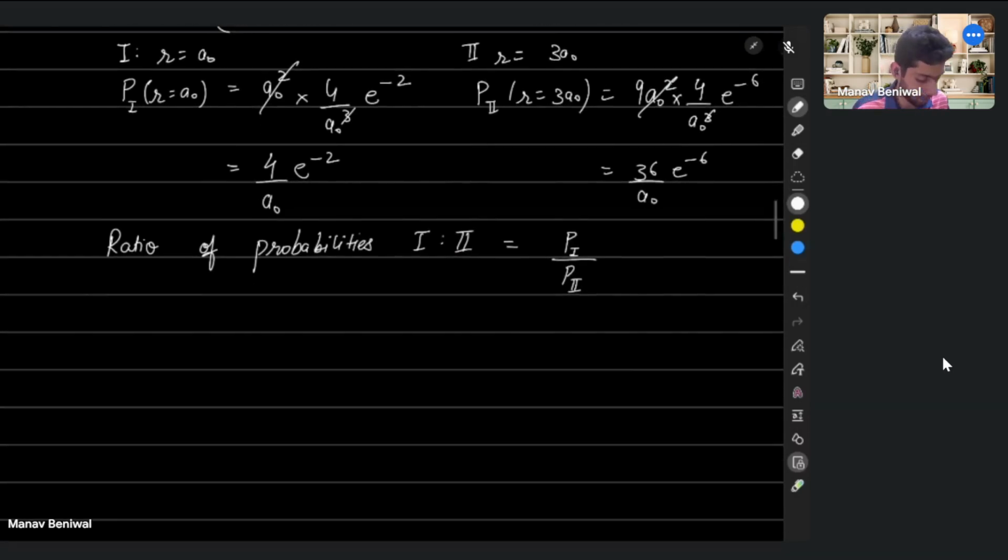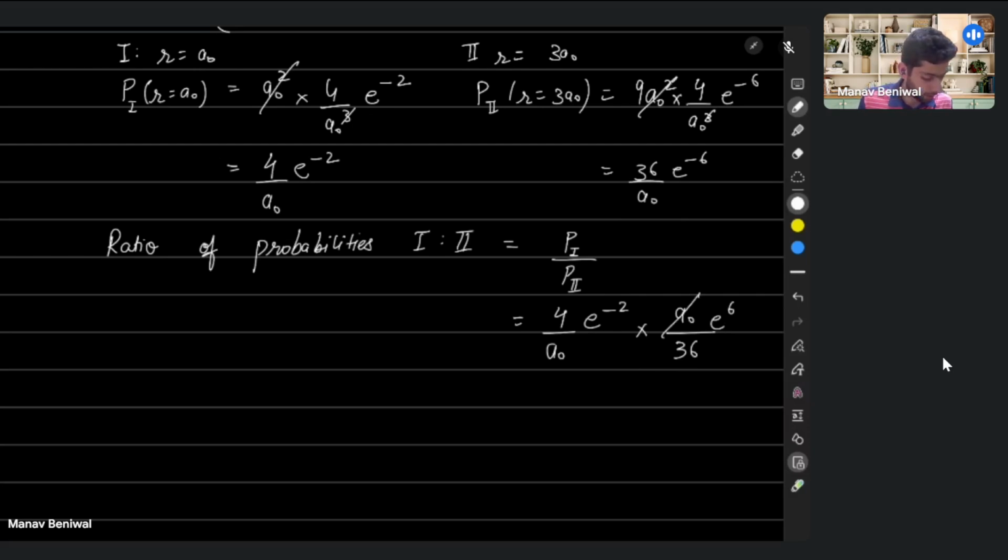And here we have P1 and P2. So this simply becomes 4 by A naught e to the minus 2, and then A naught by 36 e to the power 6, like this.